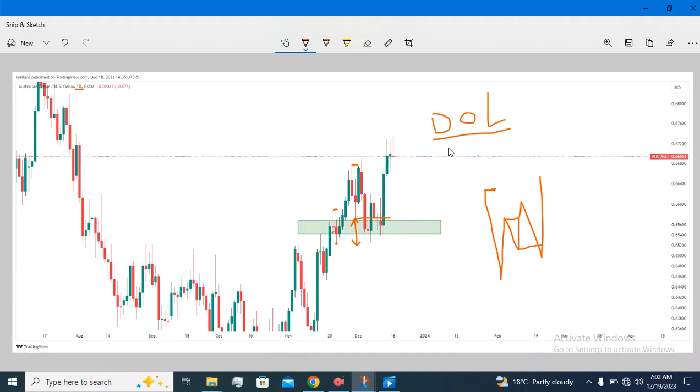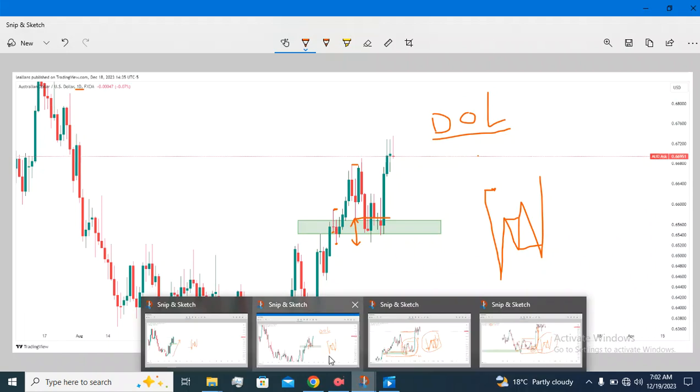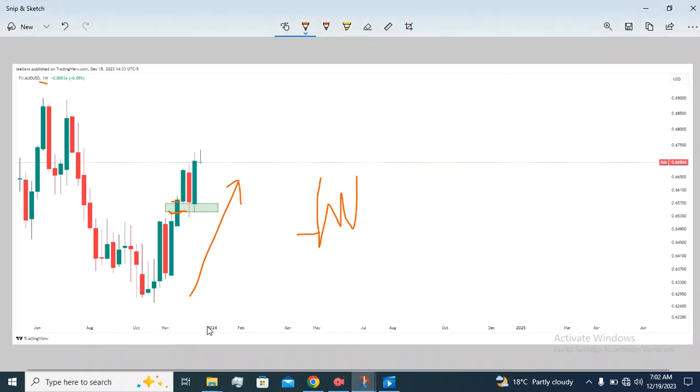Imbalances are actually just magnets. An example of an imbalance I've just illustrated is an FVG. And FVGs are very powerful. They're super magical.